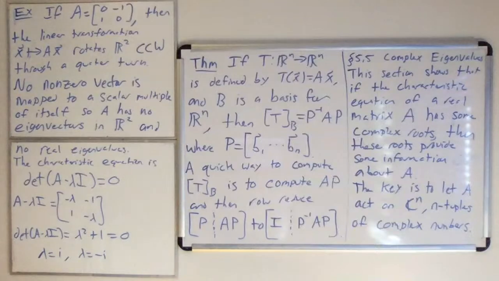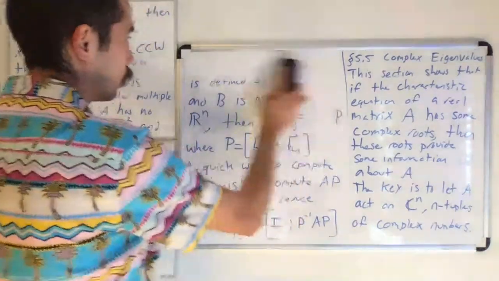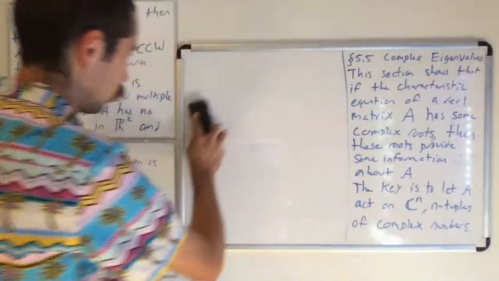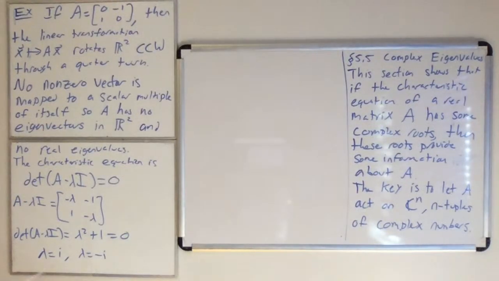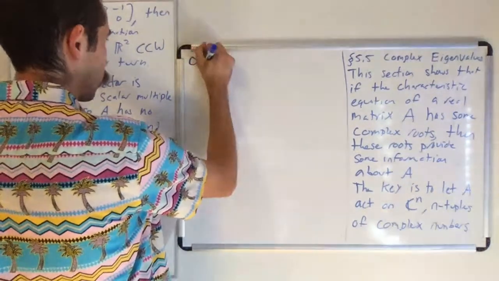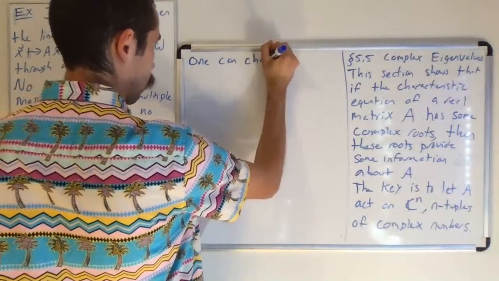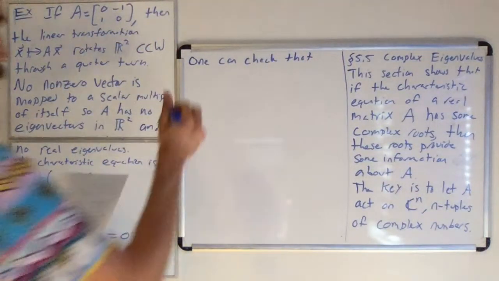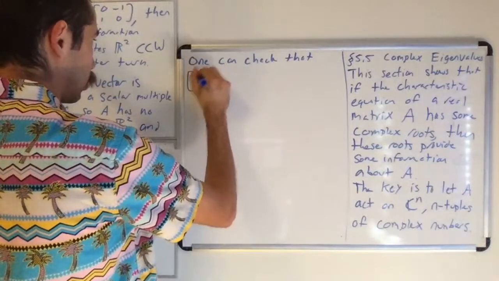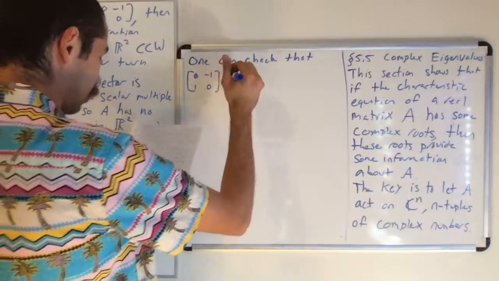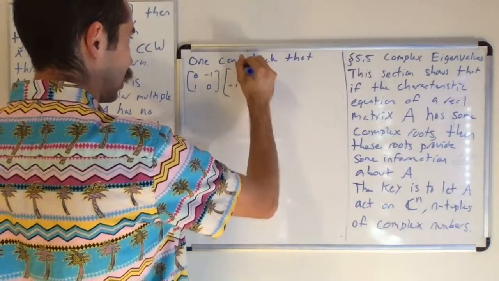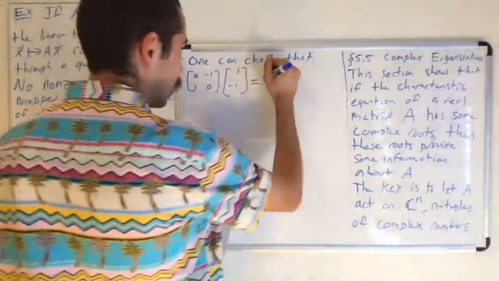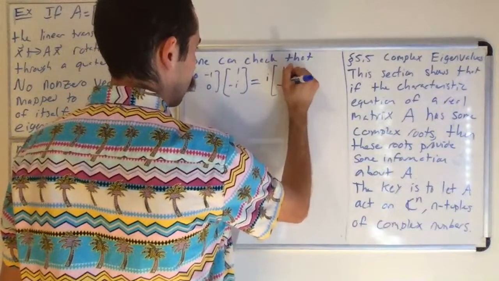And one can check that if you take the matrix A and multiply it to the vector 1, minus i, you would get i times (1, minus i).